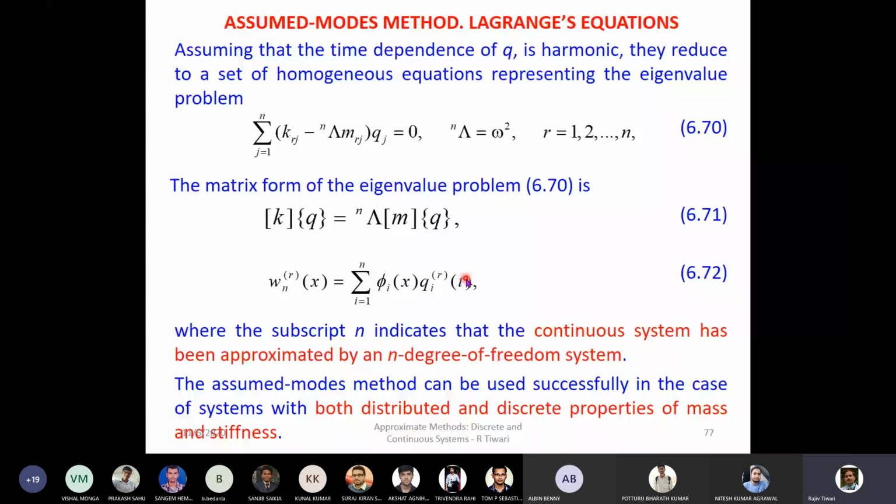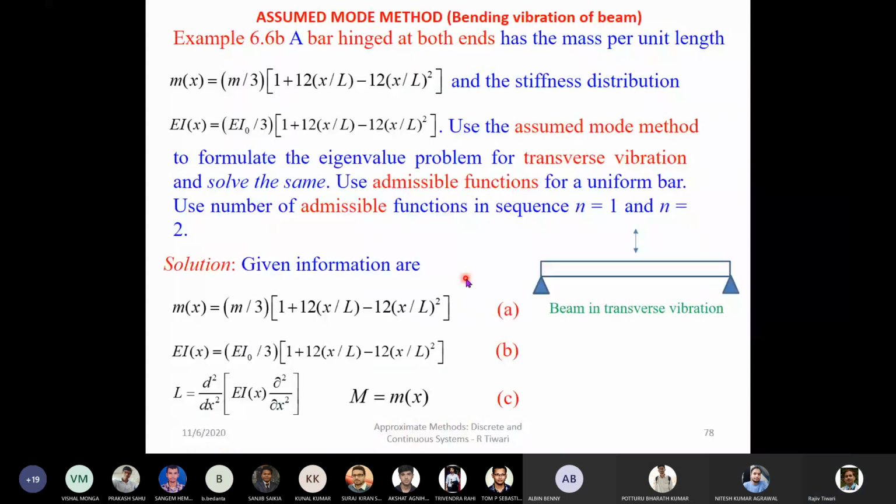So the method is very simple. Now I'll take up one example. This particular example is a simply supported beam. I'm discussing the transverse vibration of the beam. It is very important to note that once I say transverse vibration, the L operator and M operator will be different.